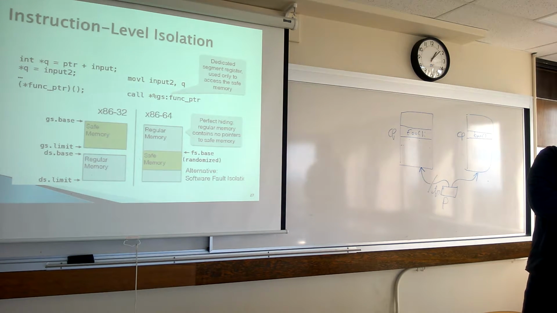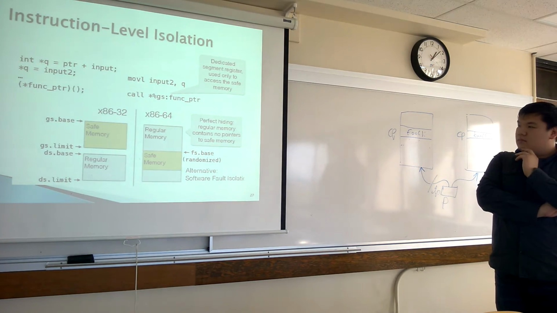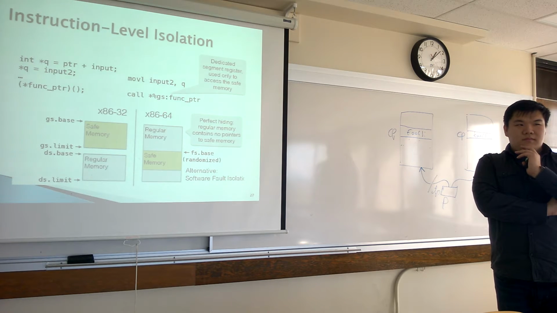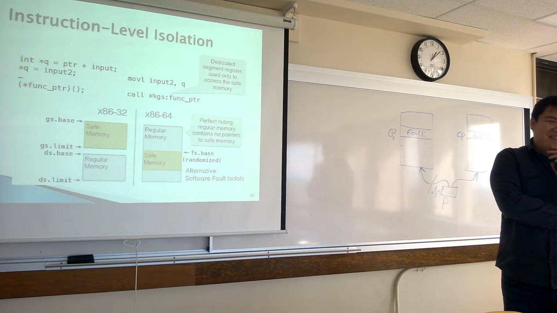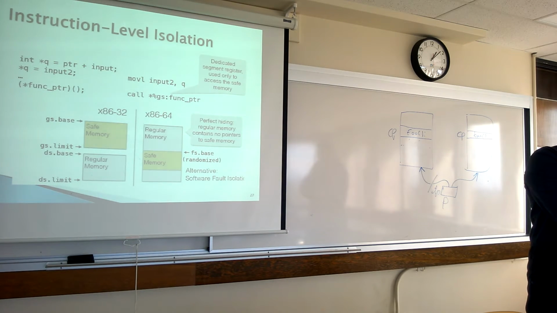If you're working on a 32-bit architecture, then you can use segments, and you've got this hardware-based isolation. That's nice. If you're not, then you don't have those segments, and you don't have some strict hardware-based isolation. You basically put your safe memory at a random location. And hope they can't access it. Oh, is this to separate the address space?